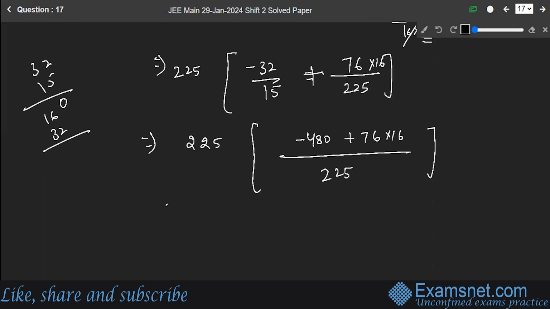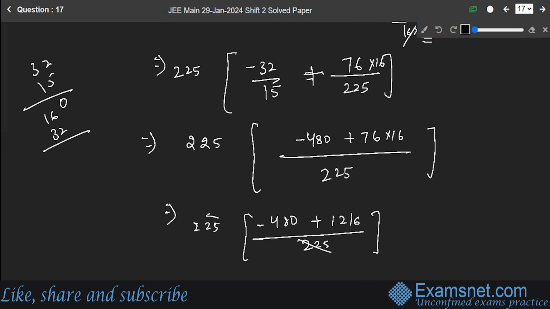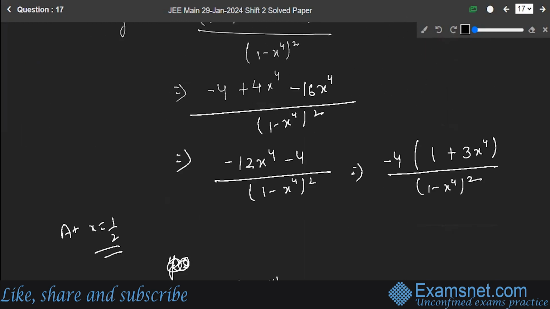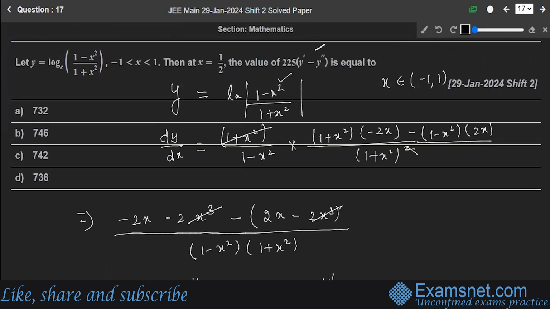This will give me 225 minus 480 plus 1216 upon 225. This will cancel and the difference between the two will give me 736. So this is the answer to the question, 736. That is the D option. Hope you're clear with this. Let's move to the next question.